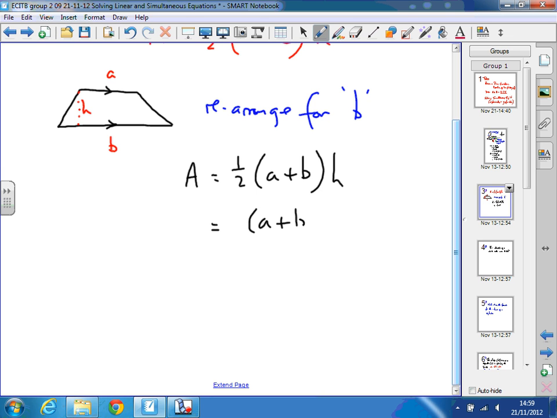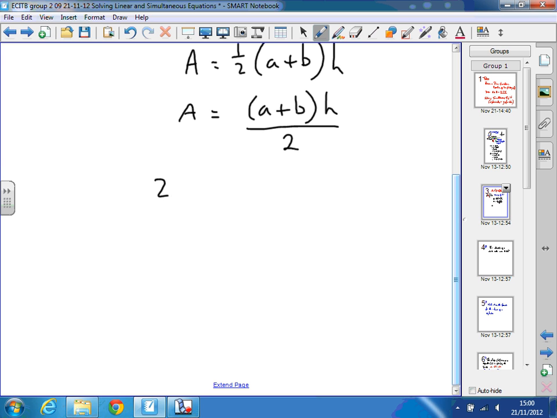So I could just as easily think of this as A plus B all divided by 2. I might not write it like that, but it's useful to think of it like that. So to get rid of that denominator, I just multiply both sides by 2. Multiply by 2 to get rid of the half. So 2A equals A plus B times the height.